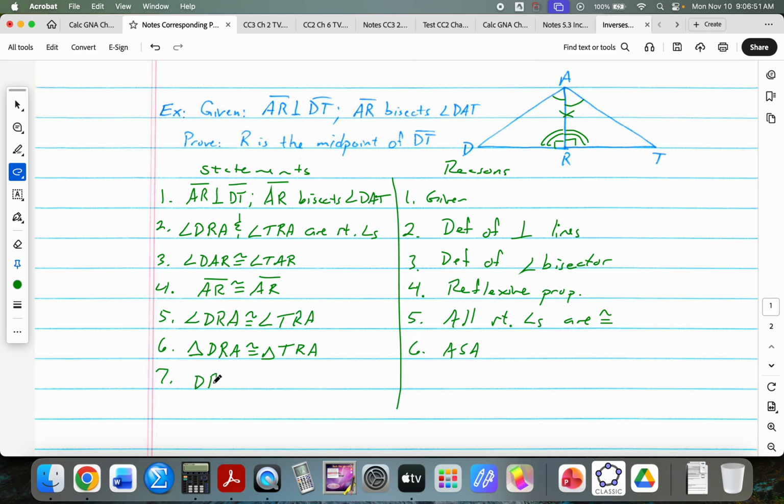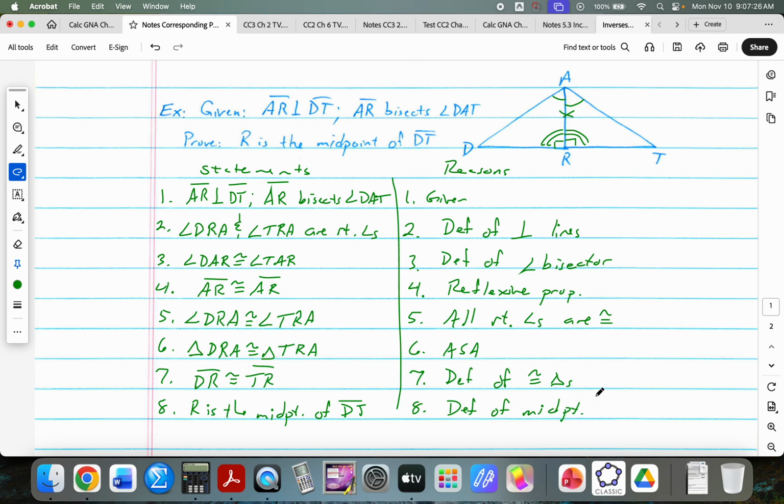We did that so that we could say that segment DR is congruent to segment TR, by the definition of congruent triangles. And that lets us know that R is the midpoint of segment DT by the definition of a midpoint.